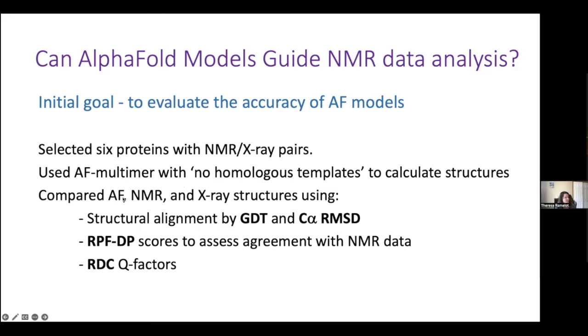So then we have the AlphaFold structures, NMR structures, and X-ray structures, and we're going to evaluate them using structural alignment, the RPF DP scores, which have been developed in the Montelione lab, to see how well they agree with NMR data, and then also the RDC Q factors.